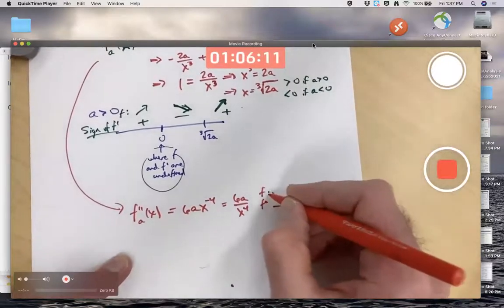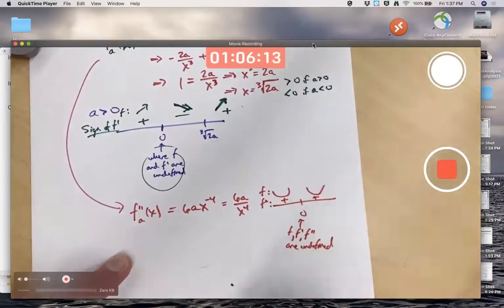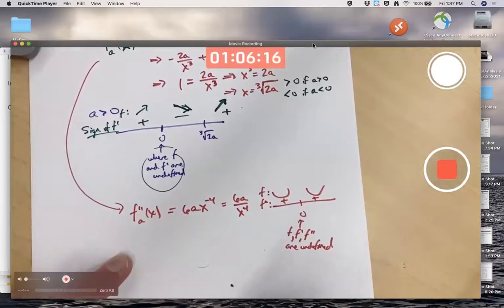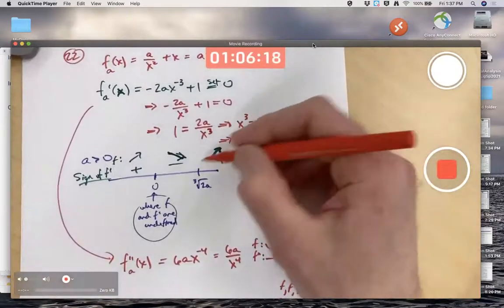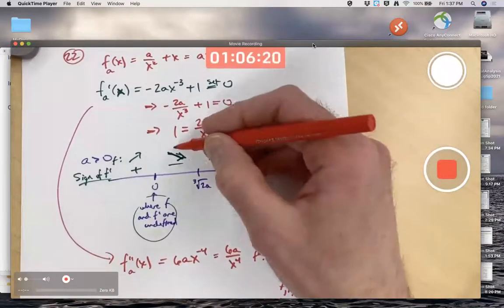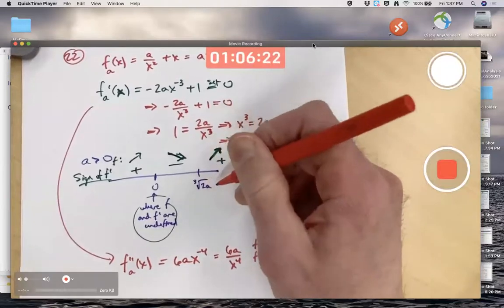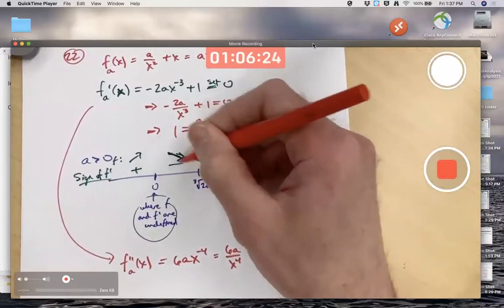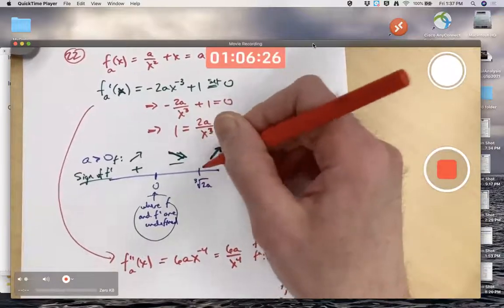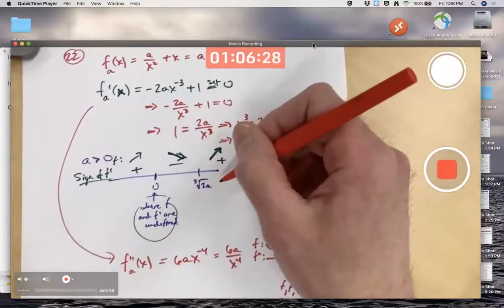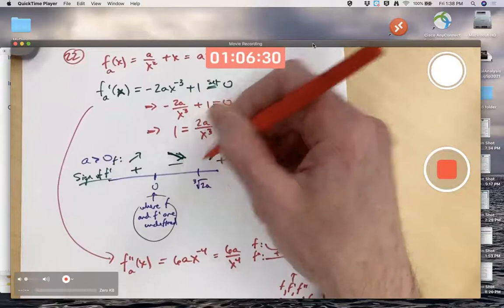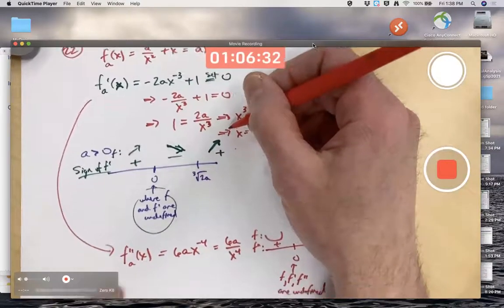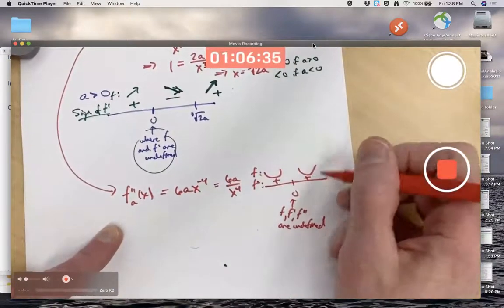F itself is concave up in both spots. And that's like what I hinted at would happen over here. The graph near x equals cube root of 2a is going to look like a smile, and it will have a low point at this critical point because it changes from decreasing to increasing. Another way to think of it is the graph looks like part of a smile.